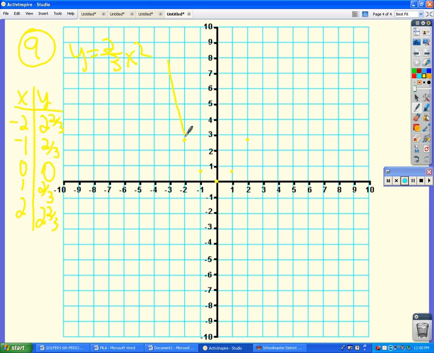And then remember that you need to connect your dots with a nice smooth curve and extend the curve both ways. Some of you have a tendency to stop right at the dots, okay? The graph goes on forever in both directions. Some of you also have a tendency to make it more like a V-shaped thing. It's a nice, smooth, U-shaped graph. Okay, well, that's what you need to practice tonight then.